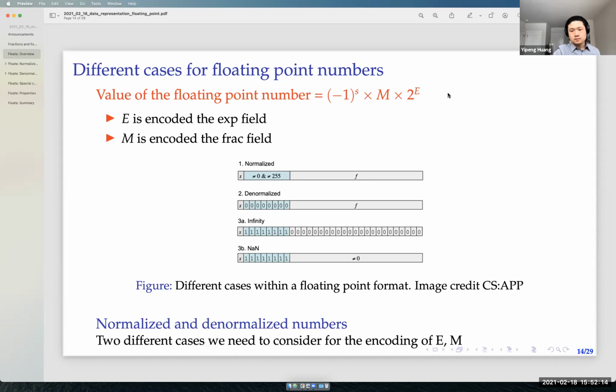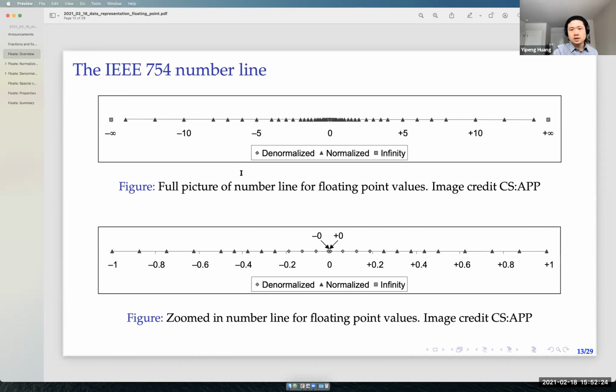Okay, so we've motivated that we have to consider two different cases, normalized numbers and denormalized numbers. Going back to our number line, we see that normalized numbers are, quote unquote, normal numbers. They span a great majority of the number line, while denormalized numbers are relatively special cases that are very close to zero.